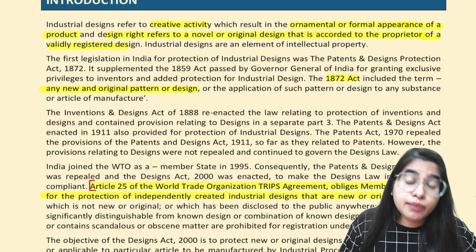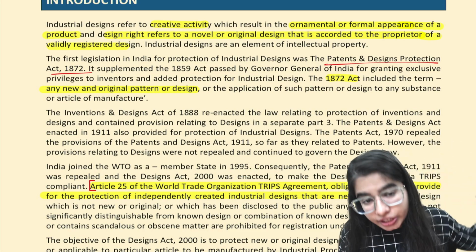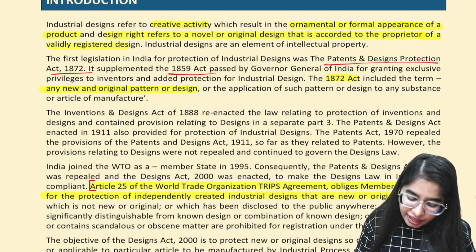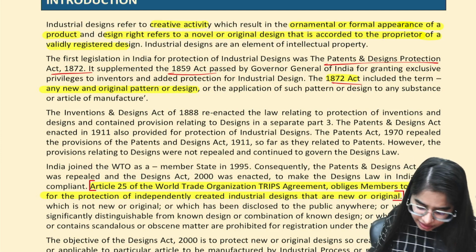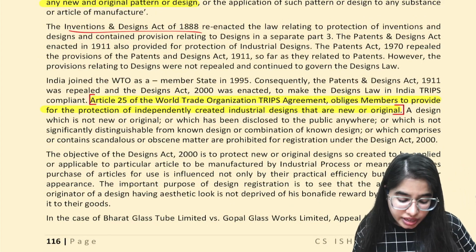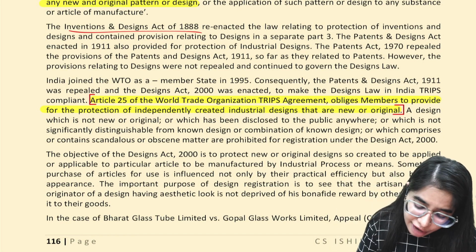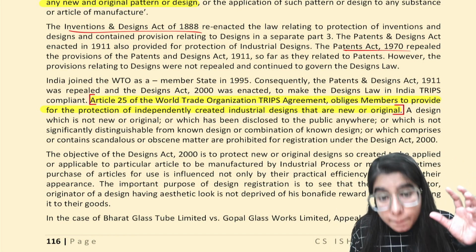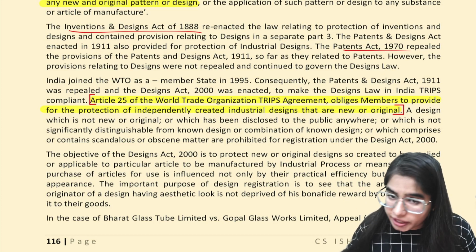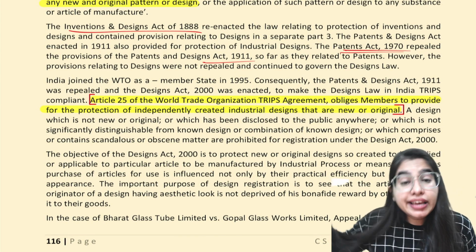It was the Patent and Design Protection Act 1872, which was further amended in 1859, and later a new act came, called the Invention and Design Act 1888. After that, finally patent was separated and design was separated. So a separate Patent Act 1970 was made and Design Act 1911 was made.